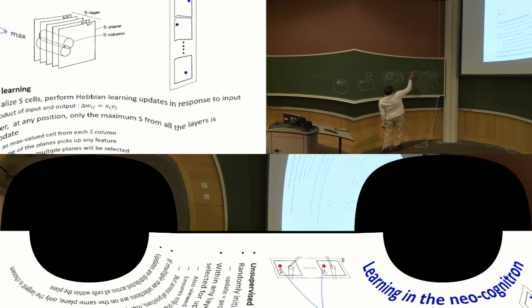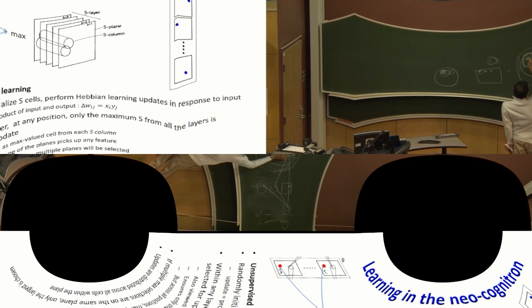This is being looked at by all of these locations in the different S planes. But this particular thing is either a nose or an eye or a mouth. It's not all of them at the same time, which means that this is going to cause a firing in only one of the S planes, not all of them simultaneously, right?